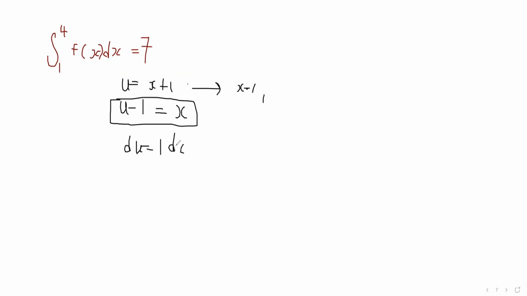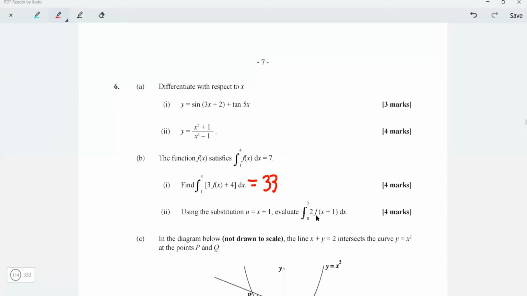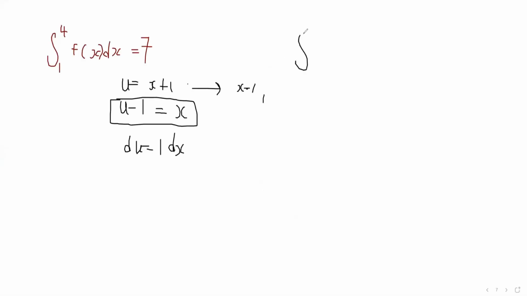All right, let's see how we're going to substitute u as that now. What do we want to find? We want to find 2 times f of x plus 1. So if we're integrating from 0 to 3 of f of x plus 1, and we substitute u as x plus 1, oh look, they changed the limits.